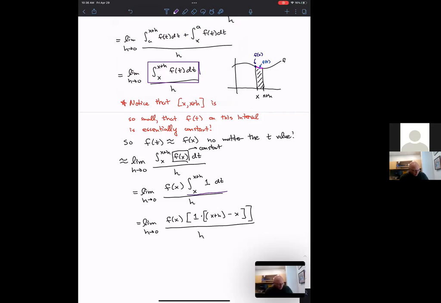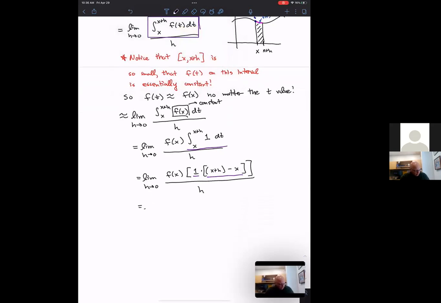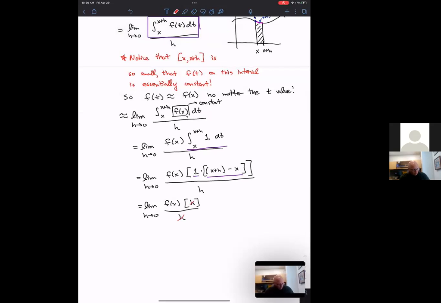So this is a height 1 rectangle with width x plus h minus x. And now we've just made it to the end. This shows us the limit as h approaches 0 of f of x times, now what's left over, the 1 goes away, x plus h minus x is just h again, divided by h. I now have cancellation of the h's.